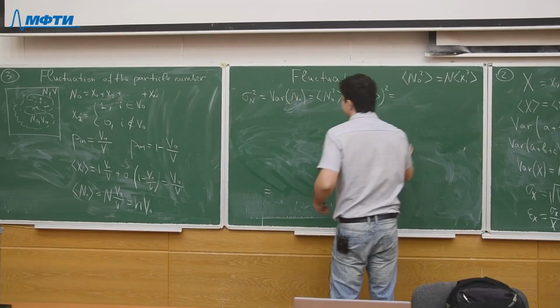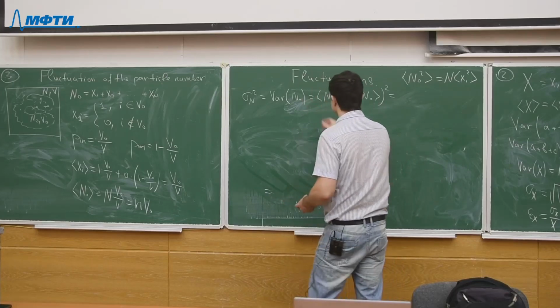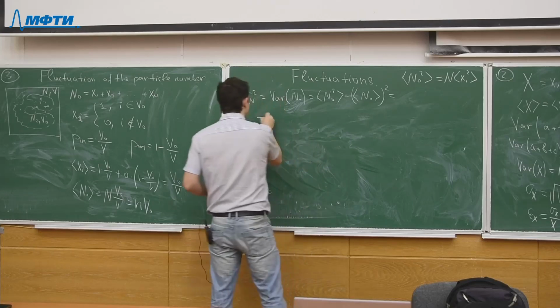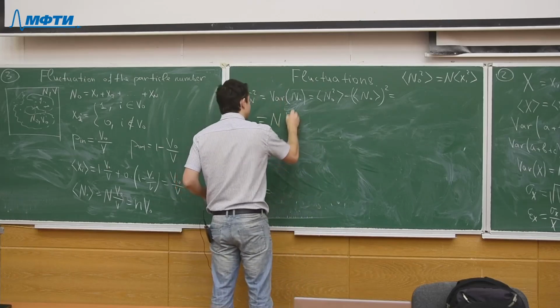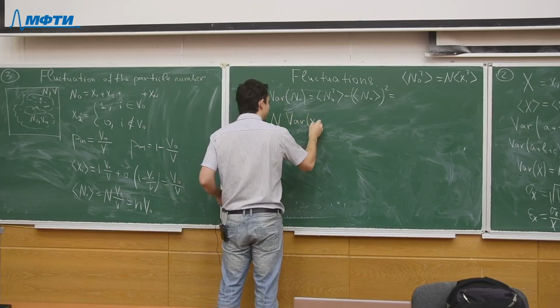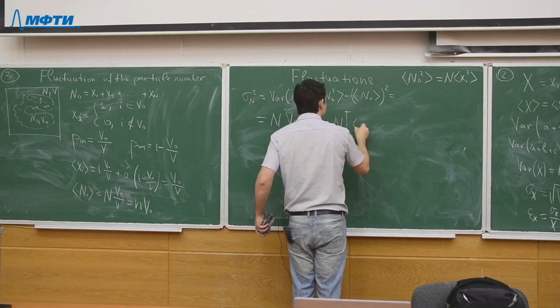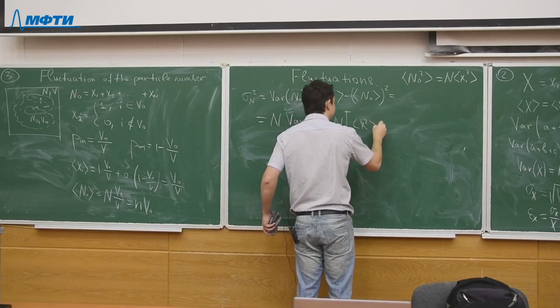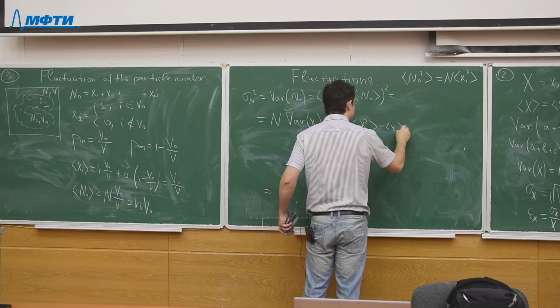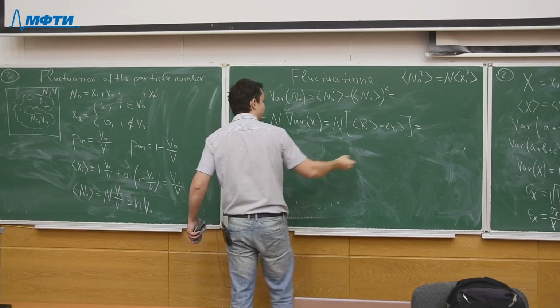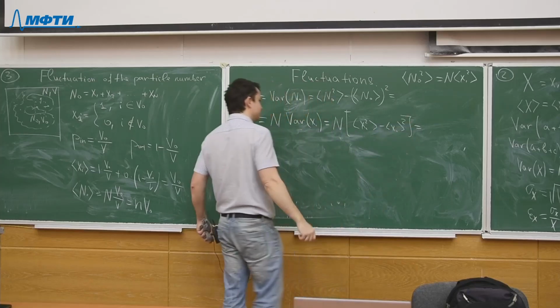As I said, this variance should be calculated as n times the variance of xi. For xi, I can write xi squared minus the average of xi, squared.